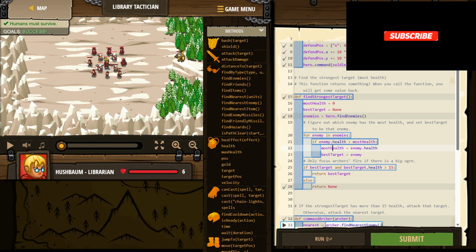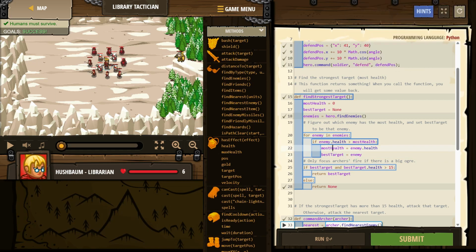Then we get an enemy with 70 health. 70 is definitely greater than 20, so we make the enemy with 70 health the best target. Now we get 50. 50 is not greater than 70, so it doesn't change. And yeah, so if there's a best target and the best target health is greater than 15, you return best target. So that's how this works.